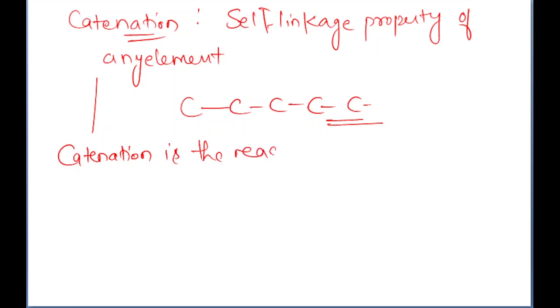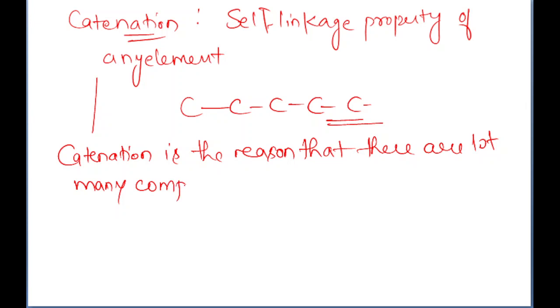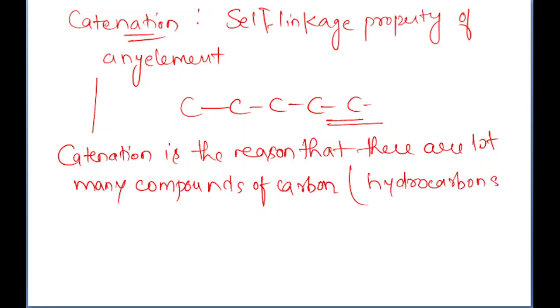Catenation is the reason that so many compounds of carbon, that is hydrocarbons, organic compounds, are possible. Okay, got it? So this is the reason.